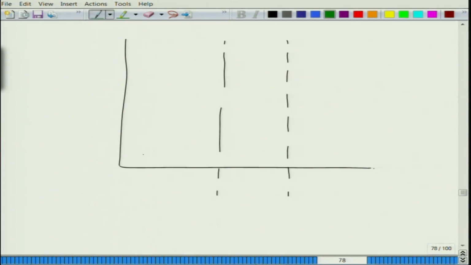So, now if we redraw that in a bigger scale, this was the case for the electrons in the p side, and this was the case for holes in the n side.